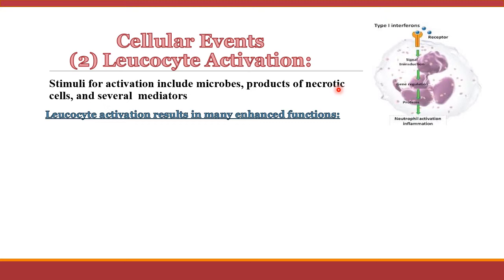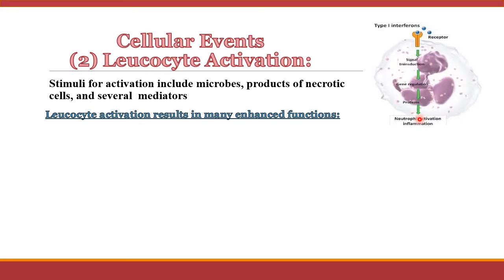Again, under the effects of many products, like the microbes themselves, the products of the necrotic cells in the area of inflammation that were injured, and also some chemical mediators. All of those can lead to activation of the leukocytes, and this will result in the release or production of some proteins that are going to perform the functions of the leukocytes.